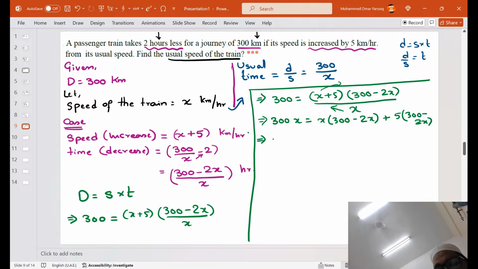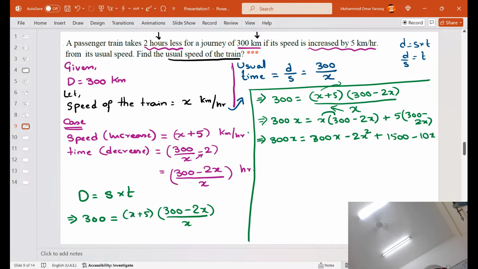That implies 300x is equal to, now x into 300 is 300x minus x into 2x, 2x square, plus 5 into 300, 1500, minus 5 into 2x, 10x.